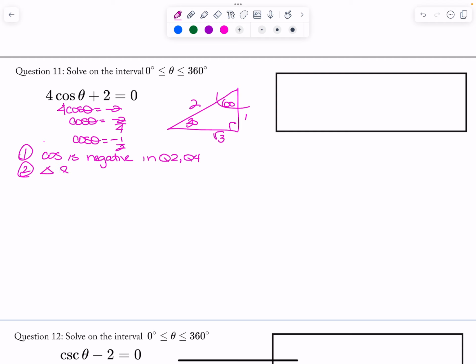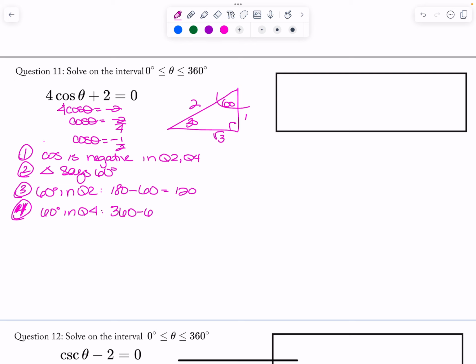My triangle says 60 degrees, so I want 60 degrees in quadrant 2, which is 180 minus 60, which is 120. And then I want 60 degrees in quadrant 4, which is 360 minus 60, which is 300. So my theta is 120 and 300 degrees.